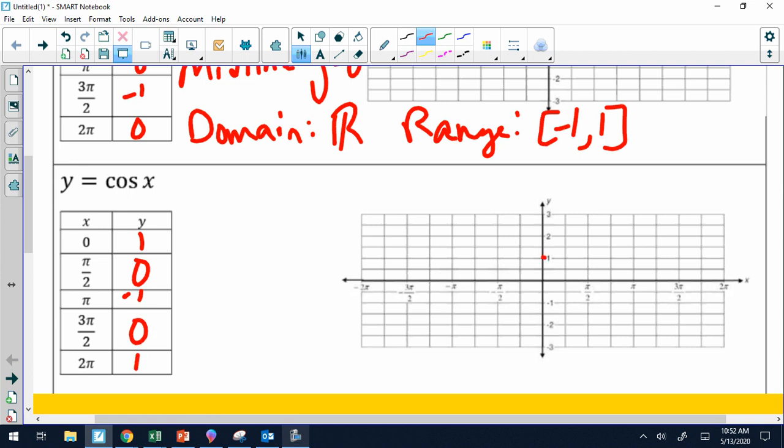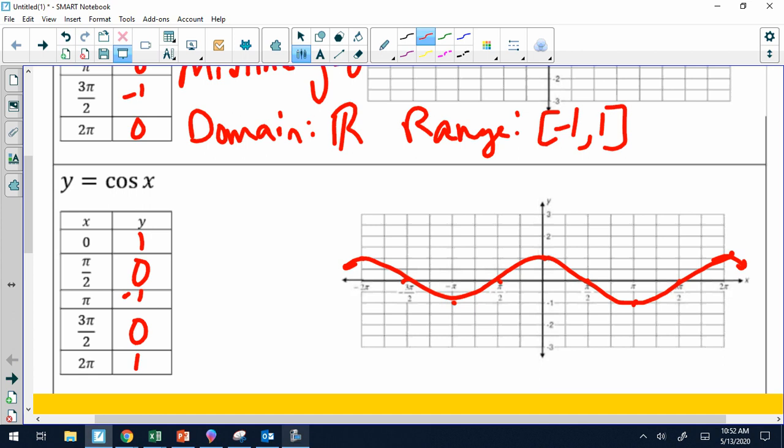So at 0, I'm at 1, and then 0, and then negative 1, and then 0, and then 1. So that's one complete period there. And again, I can go backwards. 0, negative 1, 0, 1. And yeah, that's going to loop back down now.